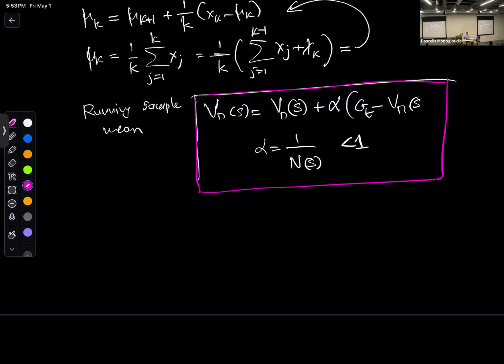We are updating the new value after we get a new sample return to go for what is to be here. What is the value of being here? Maybe after 100 trajectories, we never see the state again. We will not update. This value will stay as is. But after 100 trajectories, the 101st trajectory happens to visit that state. We now have the expression to update the value.